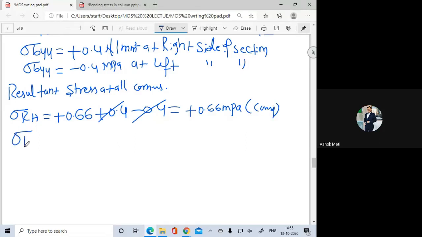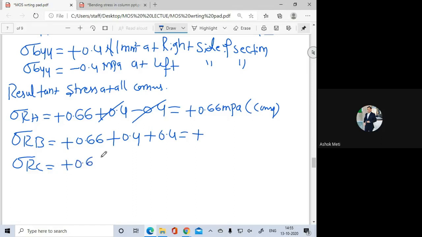Similarly at corner B, at corner B 0.66 direct stress, and again there is a top, so that is 0.4, and the right side is there, 0.4. So you can check that one. And the resultant stress at C, so the resultant stress at C is nothing but 0.66, and there is the right side 0.4, and there is the bottom, it is 0.4.